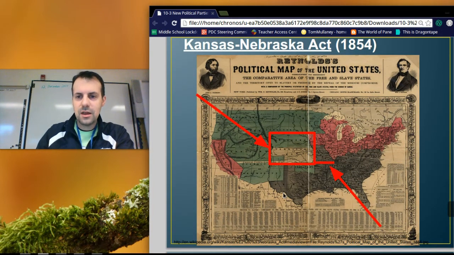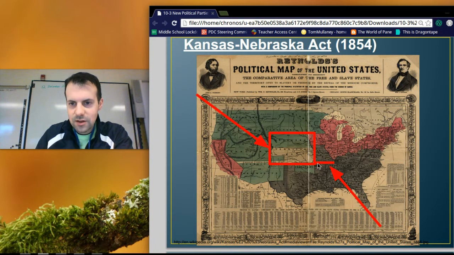Here's why. This line here is the Missouri Compromise. It says that there will be no slavery in the Louisiana territory. It's all the land west of the Mississippi, drained by the Mississippi, that Jefferson bought from Napoleon. All this land north of this line, except for Missouri, there will be no slavery. This is Nebraska.